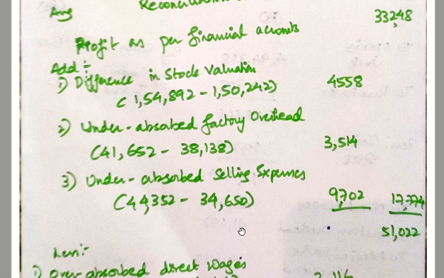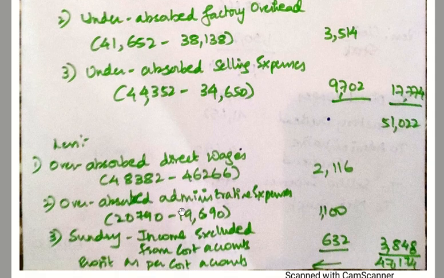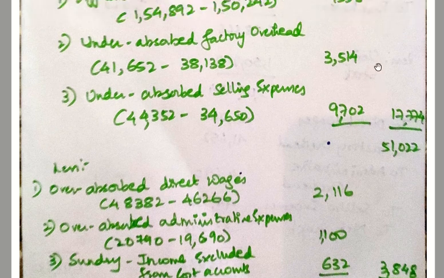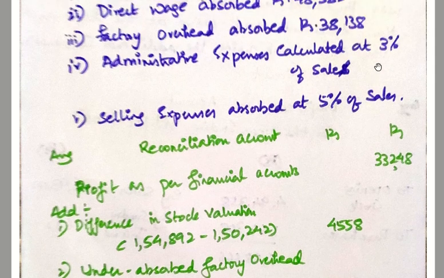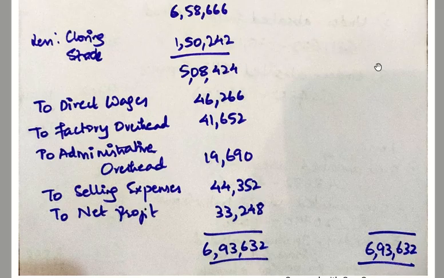If it is under absorbed, you will minus it, but here we are inversing it. So under absorption of selling expenses, we are adding it, 44,352 minus 34,650, which is 9,702, which is total this 9,702.